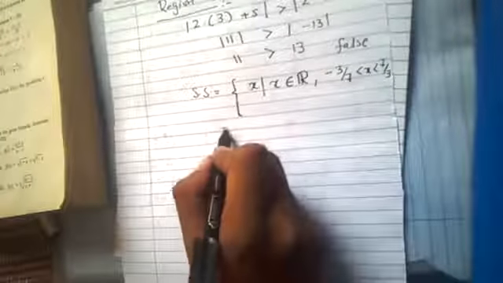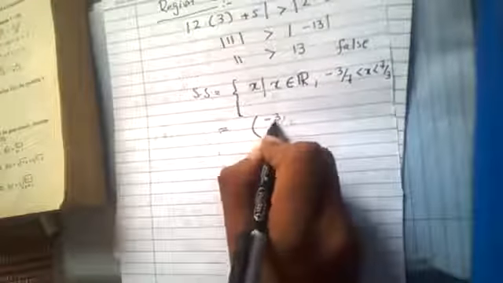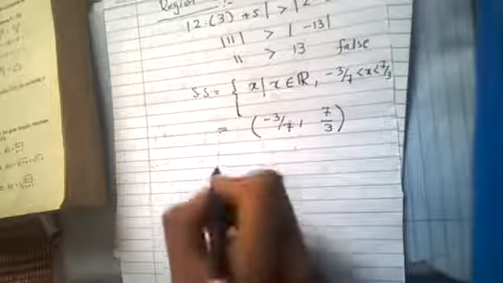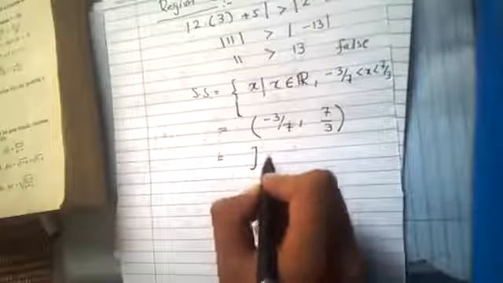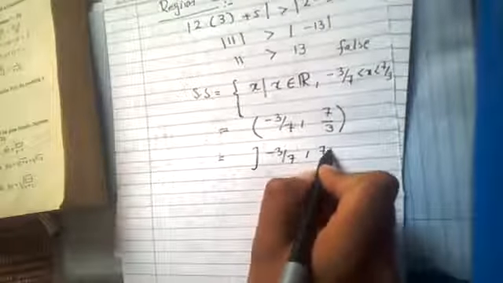This solution can also be written as (-3/7, 7/3). Note that parentheses denote the open interval, and an open interval can also be written as ]-3/7, 7/3[, like that. You will have to look at page number 6 for different definitions of intervals. I think that it was quite helpful to you. This is the answer of your question.